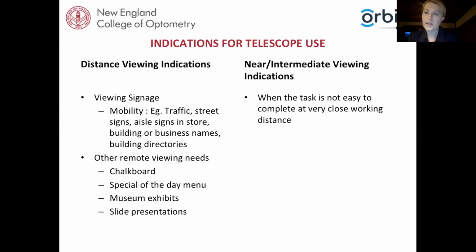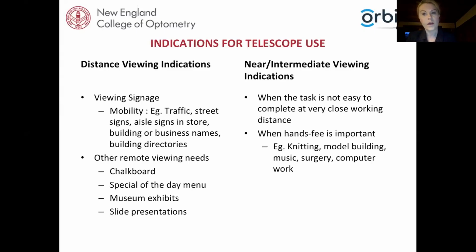For near or intermediate indications for telescopes, we don't often prescribe telescopes for near, but we can. And typically we're doing it because we require quite a high equivalent power for the near task, but we aren't able to accomplish this task at the close working distance required if we prescribe just spectacles. So in order to get a greater working distance, we then have to go to a 2-lens telescope system.